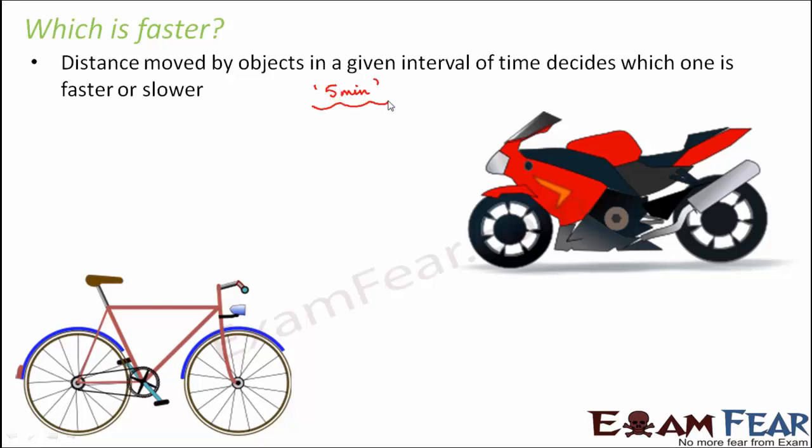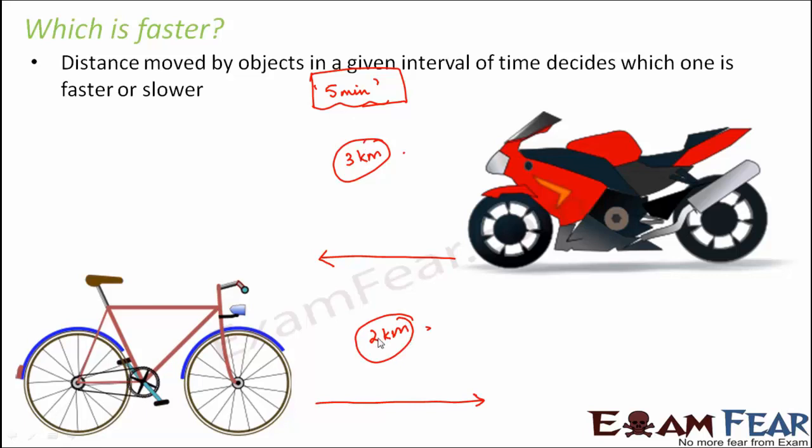Then we observe how much distance is covered by the bike and how much by the bicycle. Let's say in 5 minutes the bike covered a distance of 3 kilometers, and in the same duration of 5 minutes the bicycle covered a distance of 2 kilometers.